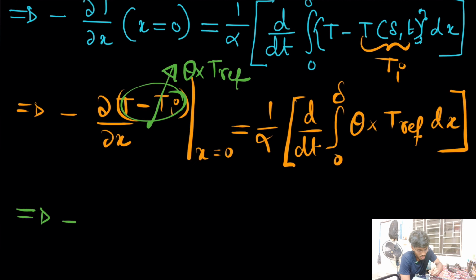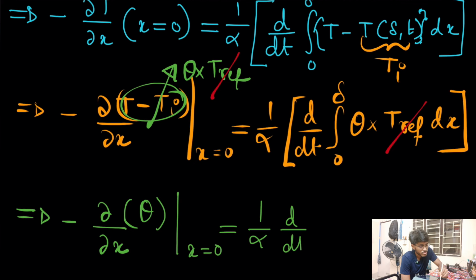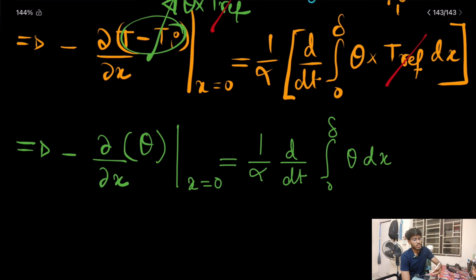Now this T ref is a constant, so I can cancel this out from both the sides. So now this becomes theta at x equal to 0 is equal to this one. Clear? Okay.